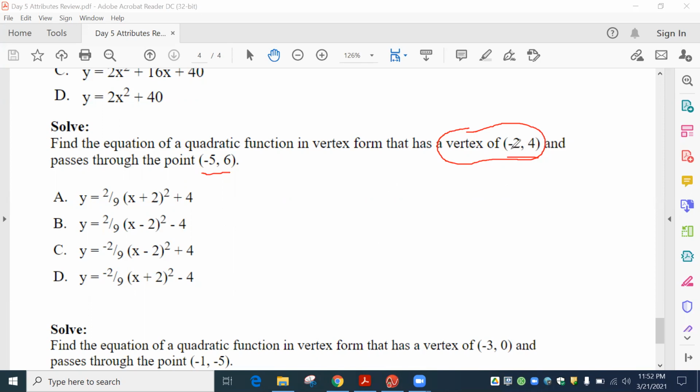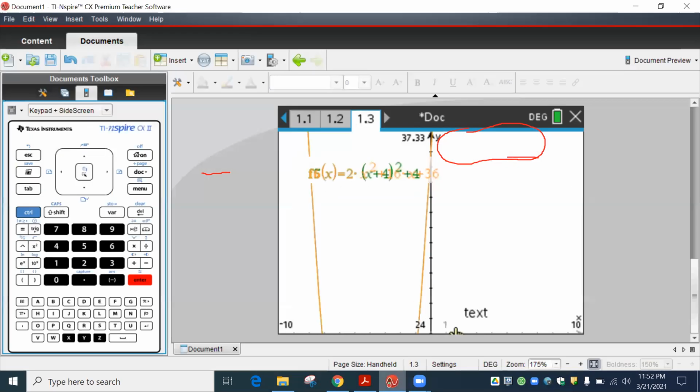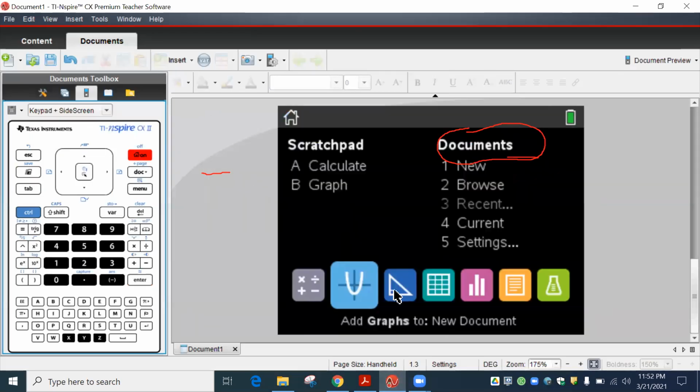The vertex, though, has to be the opposite. And so if this is -2, because it's in parentheses, kind of like zeros and factors, it does the opposite when it's in parentheses. So let's try this one right here, and let's see if that works. Now, in the end, if you don't understand what I'm talking about, you just simply start typing these in and checking these points.